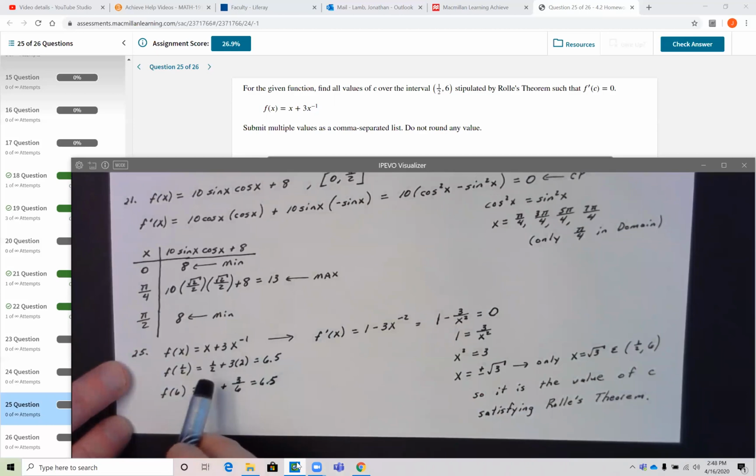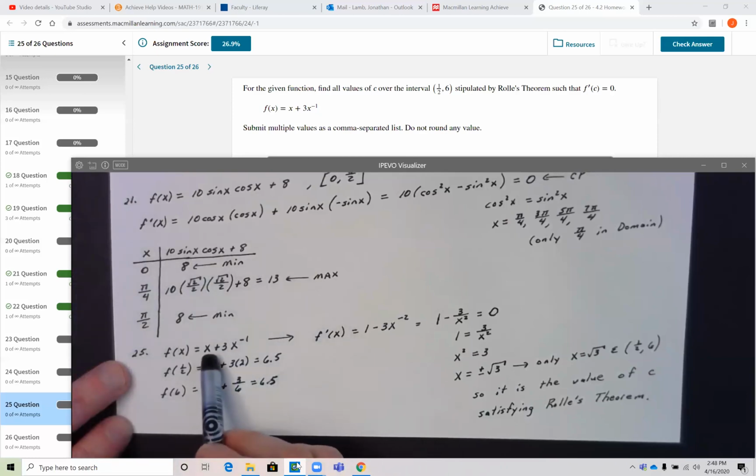I just verified real quickly that Rolle's theorem should apply. I plugged in the 1/2, and I got 1/2 plus 3 times 1/2 to the negative 1 power. That's just 2, if you take the reciprocal of 1/2, and I have 1/2 plus 6, that's 6.5. Now f of 6, the other endpoint.